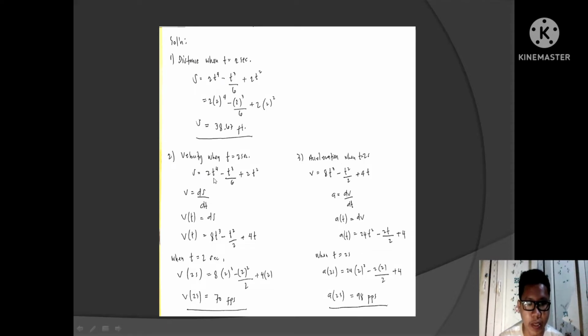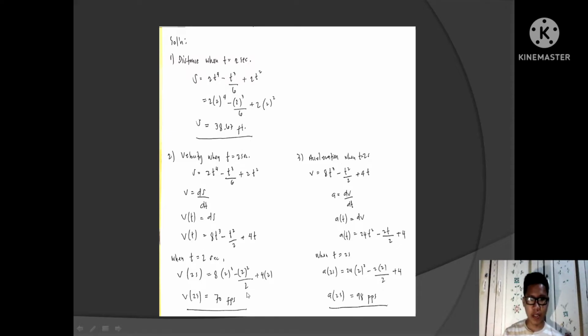Let's get the derivative, which is 8t^3, which is 2 times 4, then 4 minus 1 is 3, minus t^2 over 2, plus 4t. This is the equation we needed to find. So when t is 2 seconds, substitute the value of t in this equation, and we come up with 70 feet per second. This is our velocity when t is 2 seconds.